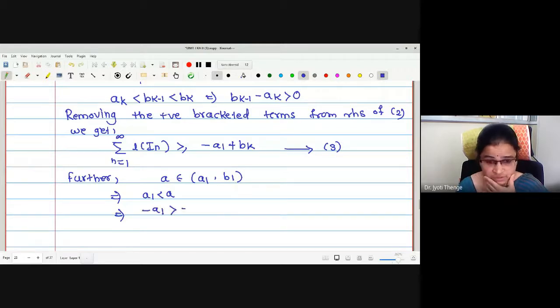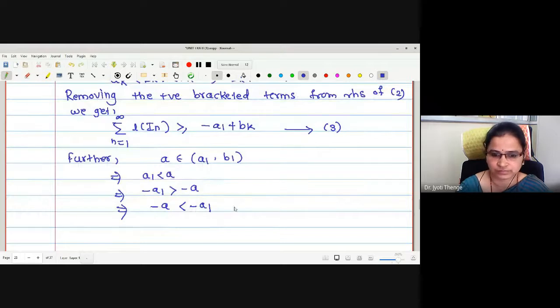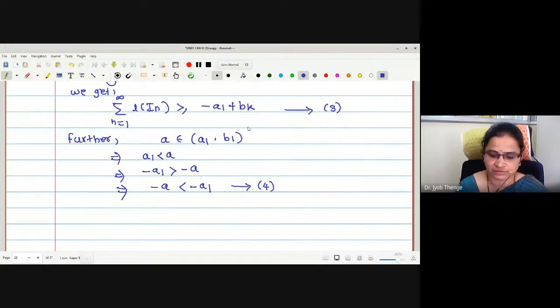Is it minus A1 greater than minus A? Which I can write as minus A less than minus A1. Correct, no? Simple mathematics we were following. Here we have the minus A1 term, no? Therefore, I have just found the value of minus A1 with A. Now we will find the value of BK with B. That one has to be done.